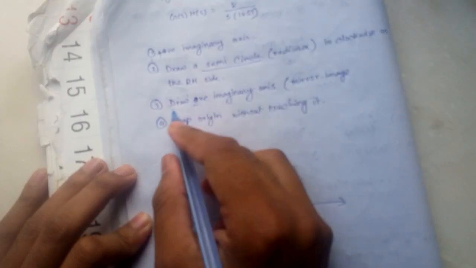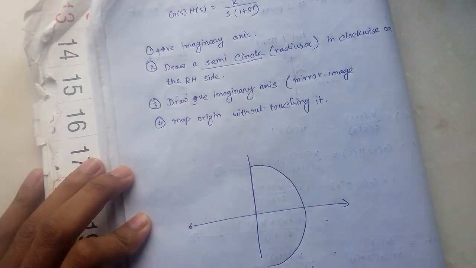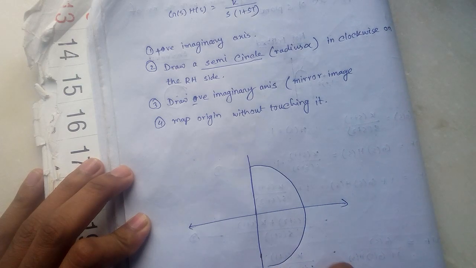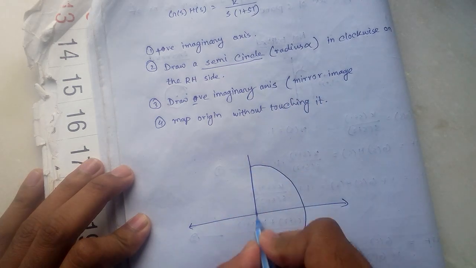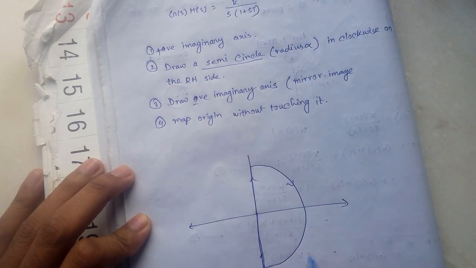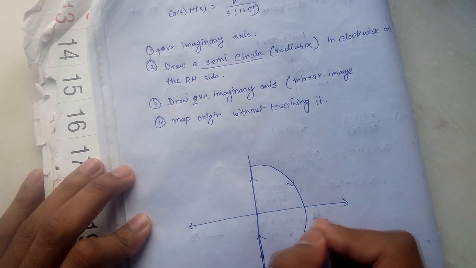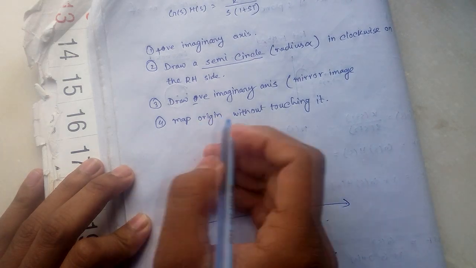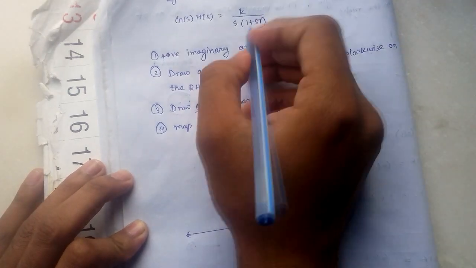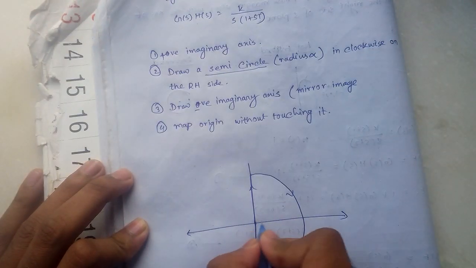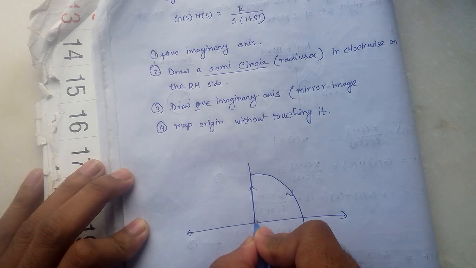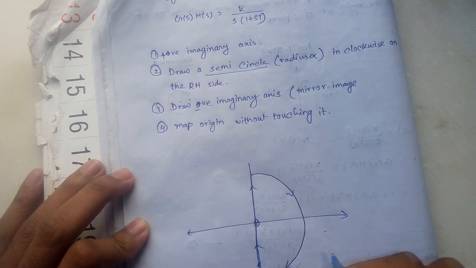Now what is said, that draw negative imaginary axis. Negative imaginary axis is this, and that is the mirror image of this. So this is going this way, this way, and after that this. Now what is happening here, map origin without touching it. So we can see that in origin there is one pole, so we have to draw a small semicircle here.